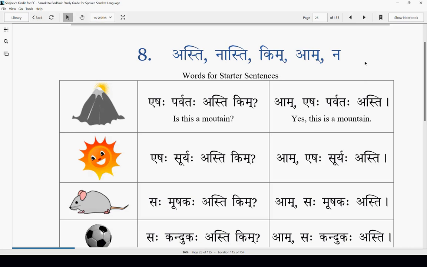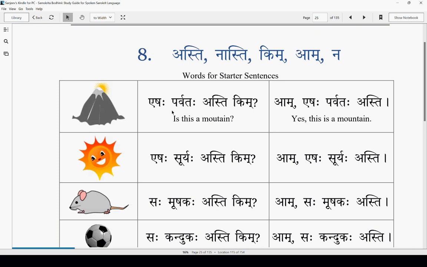But here, Eshaha Parvatah Asti Kim, what is the lingam of Kim here? What is the lingam of Parvatah? Pullinga Shabdaha. And what is the lingam of Kim? Why is it Kim here?